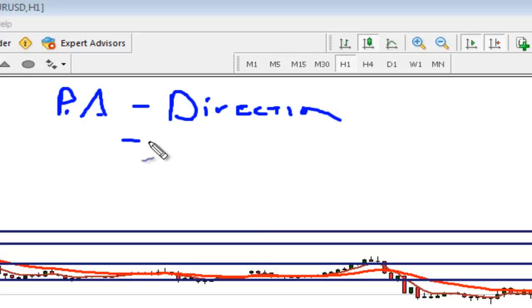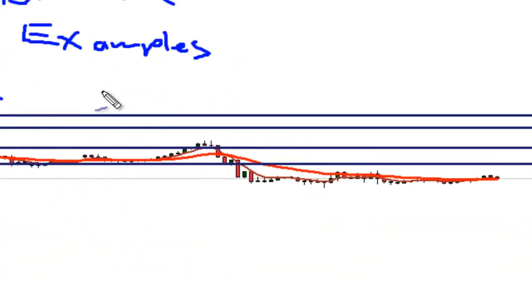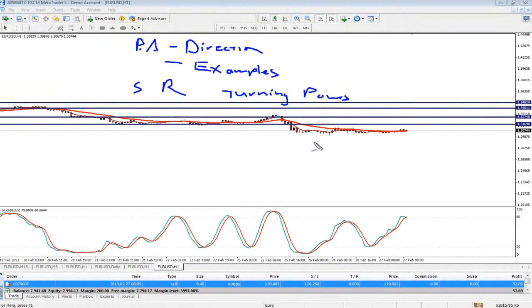Then, probably tomorrow, we'll look at a bunch of examples of how trend changes and how to identify when something goes from a downtrend to an uptrend to rangy, from an uptrend to a downtrend, etc. Then we're going to move on to horizontal support and resistance, just visual areas, in other words, turning points.